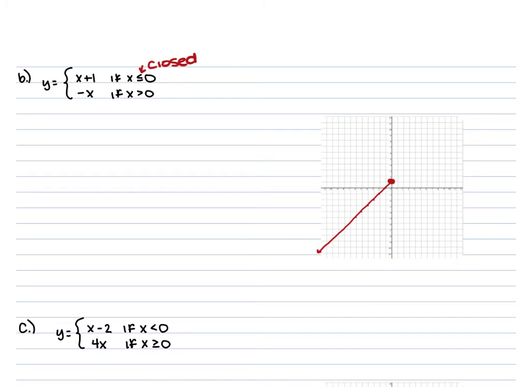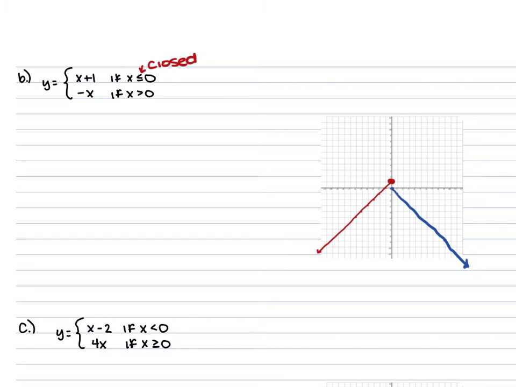Then I have x is greater than 0 for negative x. So that gives me a y-intercept of 0, and then my slope is negative 1. So I'm going to go down 1, right 1. So my line is going to look like this. I could go the opposite direction as well, and it would look like this.